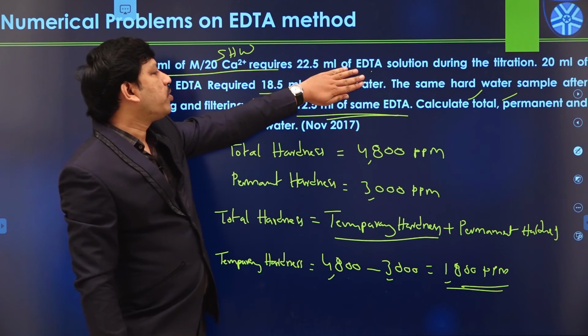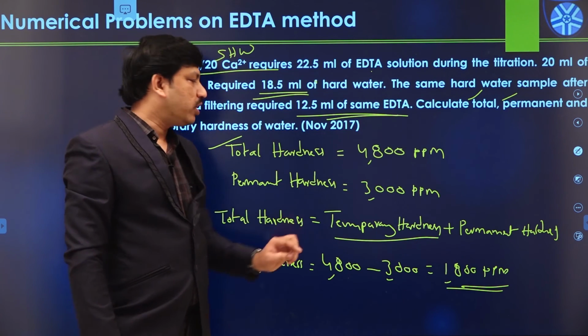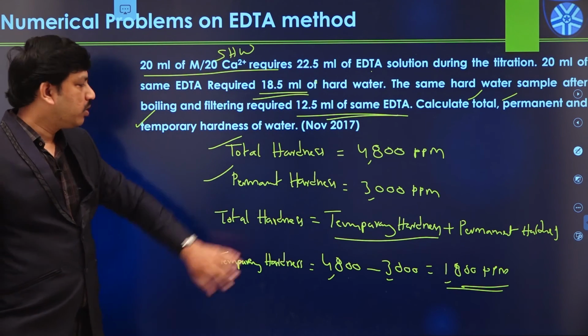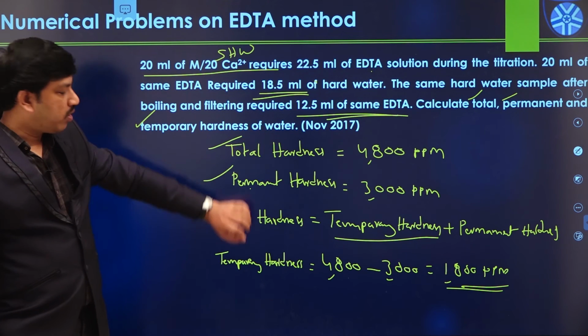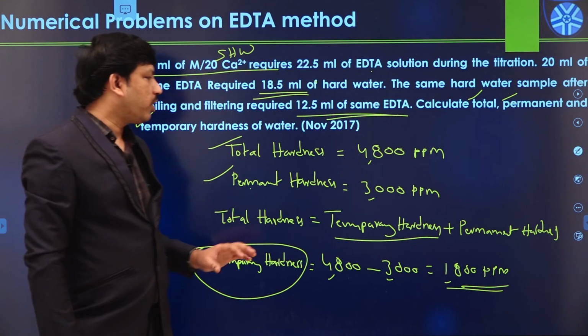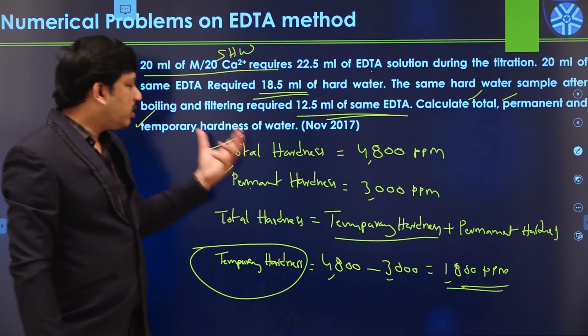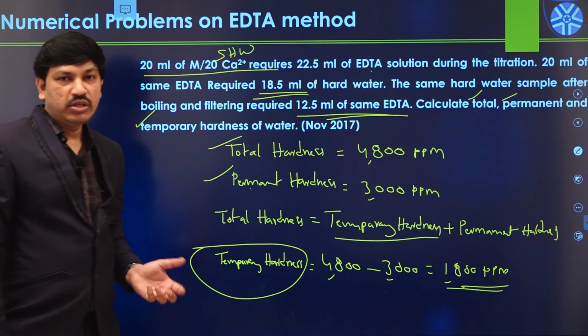Before boiling always provides the total hardness value, but after boiling that provides the permanent hardness value. The difference between these two values always provides the temporary hardness value. So this is the importance of the EDTA method. Like this we can calculate different hardness values by using this method.